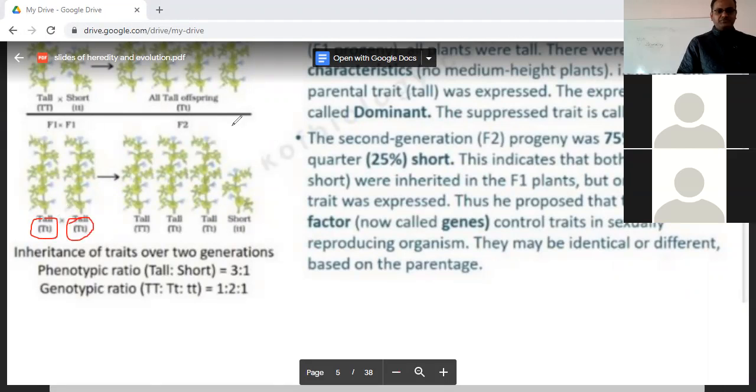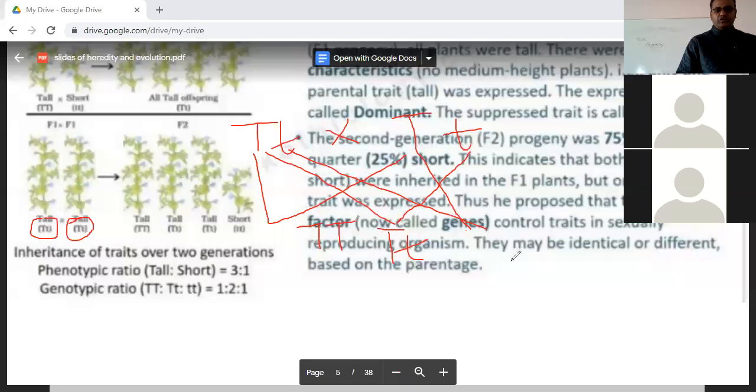When self-pollinated, we will get 4 offspring. First, capital T capital T, then capital T small t, third offspring capital T small t, and the last one small t small t.